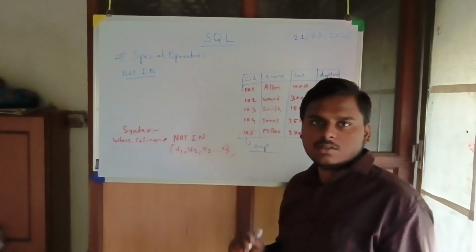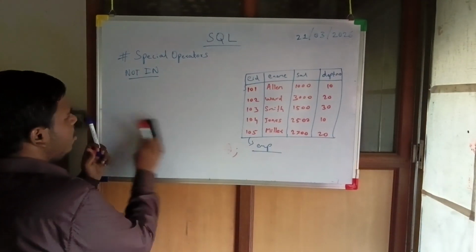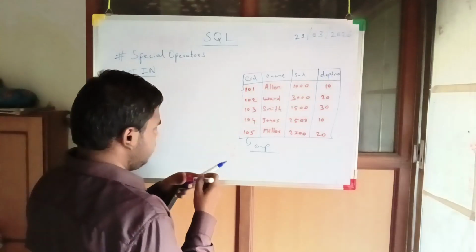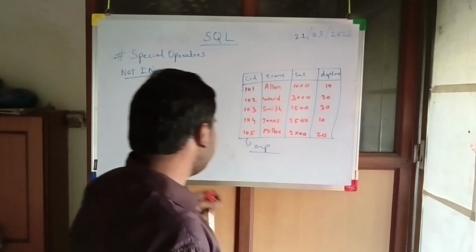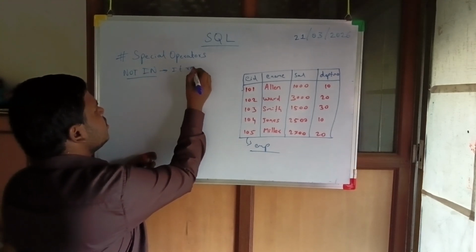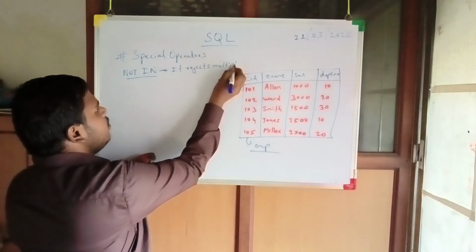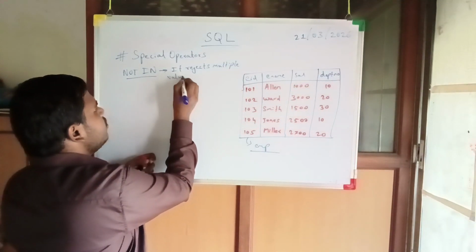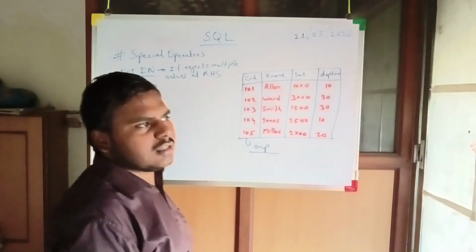So what it will do is reject all the values. If you see the definition, the role of the IN operator was that it accepts multiple values at the RHS. So NOT IN rejects multiple values at the RHS.